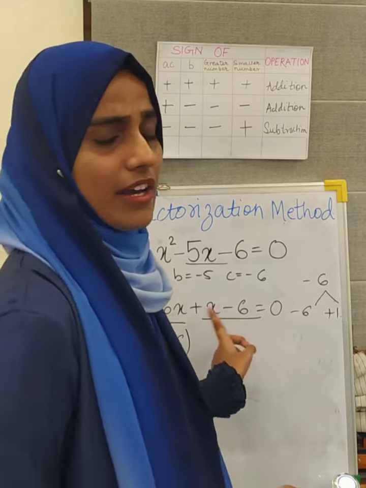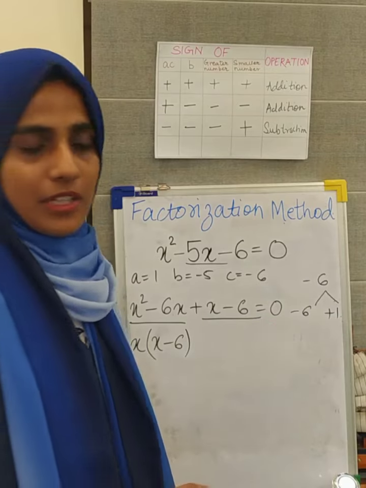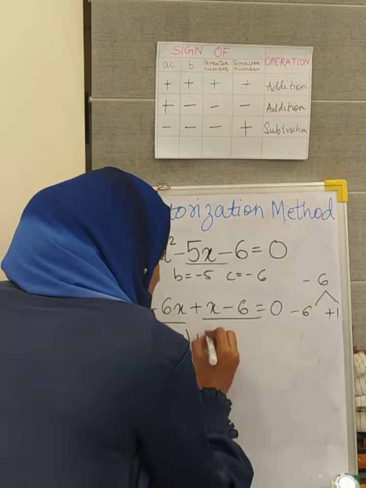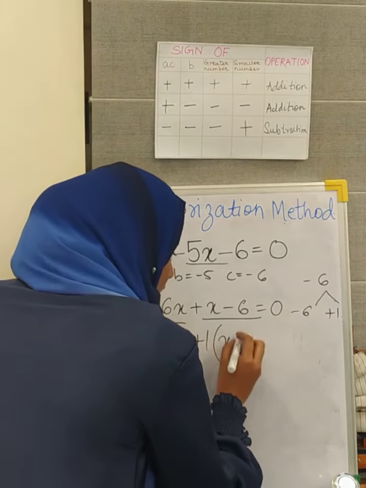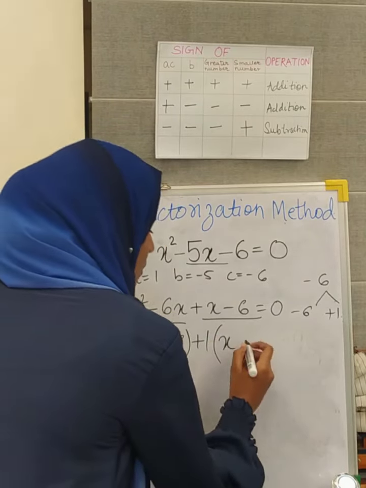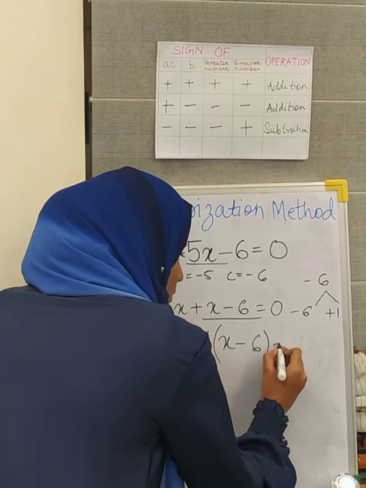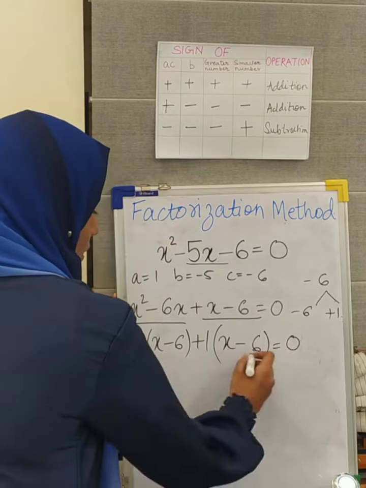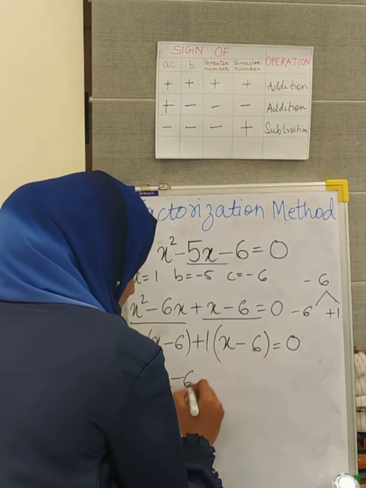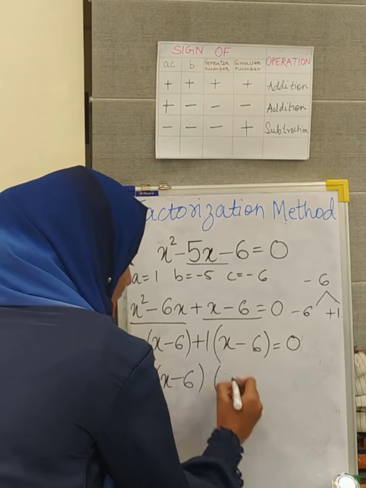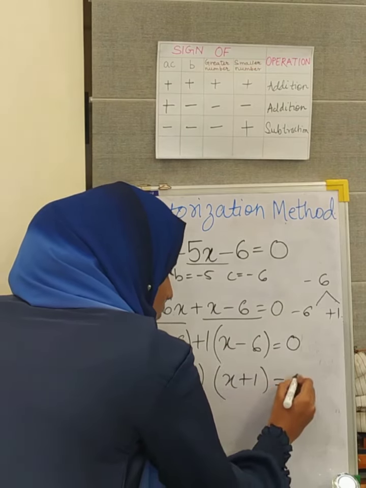In x minus 6, nothing is common, so we will write it as plus 1. Again we will write x, plus minus will become minus 6 is equal to 0. The common here is x minus 6. In the other bracket we will have x plus 1 is equal to 0.